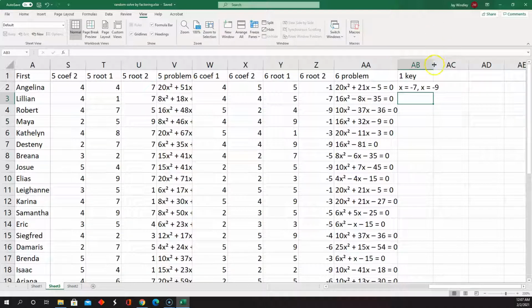So there's my key for this problem, for this student.